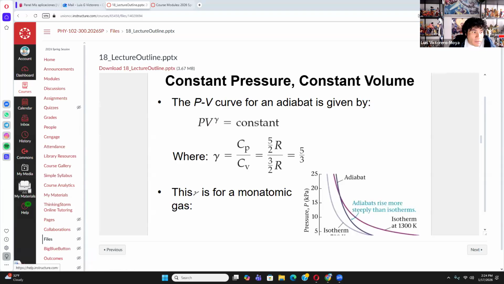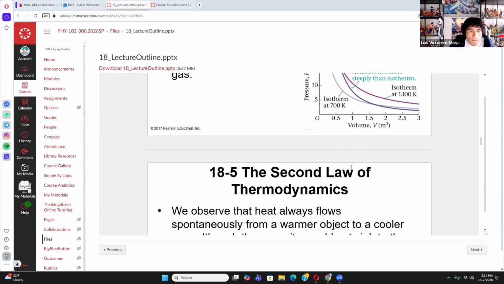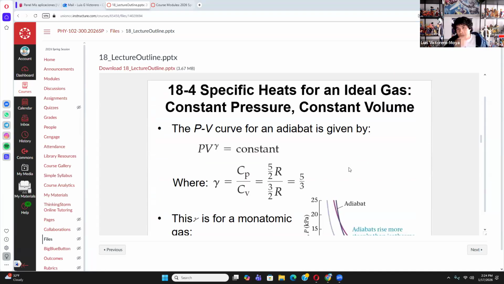For diatomic, it will be 7/2 of R over 5/2 of R, so 7 over 5. So gamma changes depending on the type of gas. And when we do the problems, you will see how we can use all of these parameters.